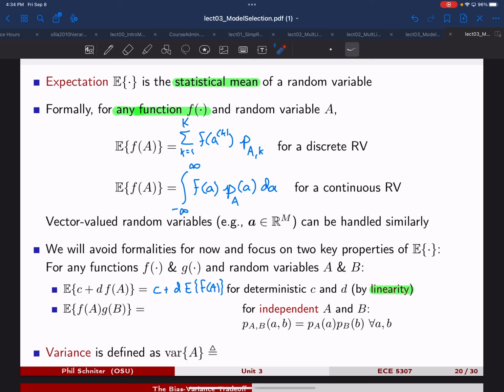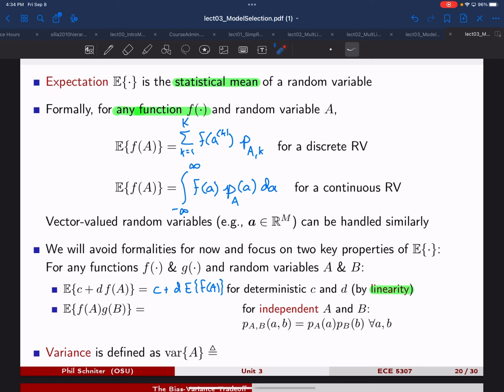It's a deterministic number, meaning non-random. If you ask what's the average value of, say, the number 1, well, it doesn't fluctuate. It's just 1. So for any fixed number C, the average value of C is just C. It's not random. That's why we took out the expectation on C. Any other questions on the linearity property?